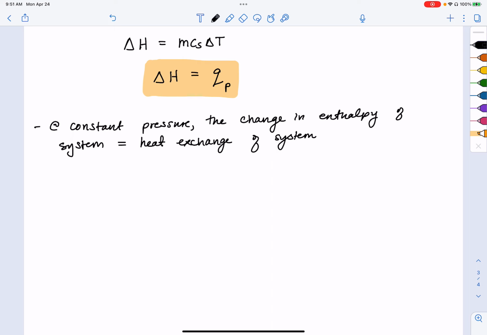So at constant pressure, heat and enthalpy are mathematically equivalent. And sometimes you will even hear me say that ΔH for a chemical reaction is known as the heat of reaction.